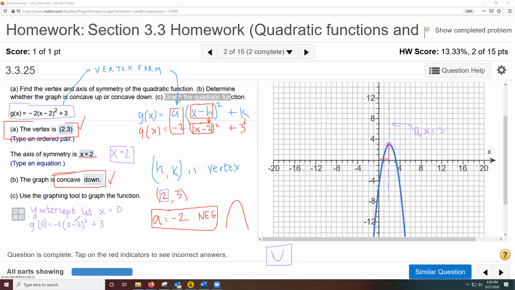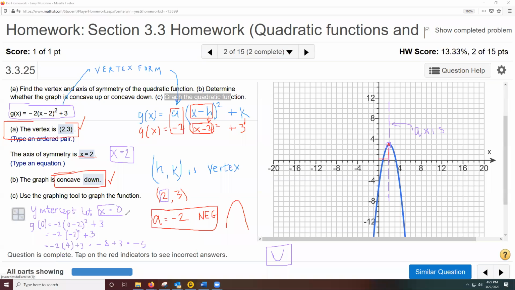Okay, well, inside this parenthesis, I end up with a negative 2. So that's going to be (-2)². But (-2)² is positive 4. So this is going to be -2 times 4 plus 3. But it looks like that's going to be -8 + 3, which is -5.